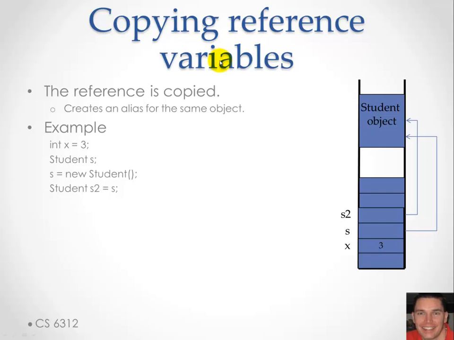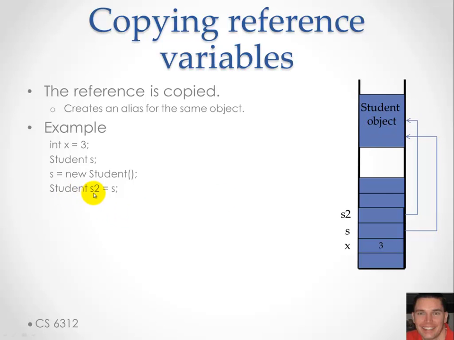Now, when we copy reference variables, we're actually copying the reference. So we end up creating an alias for the same object. In other words, we have two different variables, or we could even have more than two different variables that refer to the same object. So if we look at this example here, we have x equals 3. Remember, that's the value variable, so it's just going to put 3 there. Student s, when I say s equals new student, it comes out here, makes my new student object on the heap, and then s now points to or refers to the memory location where the student object was allocated.